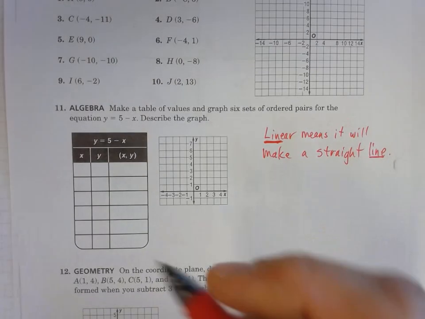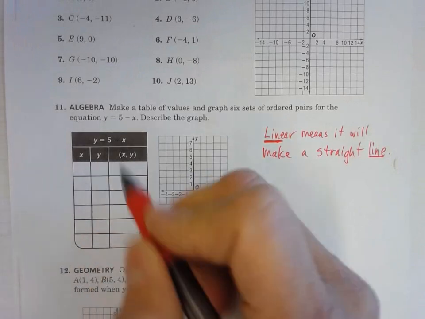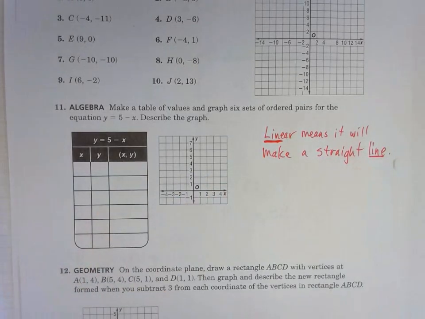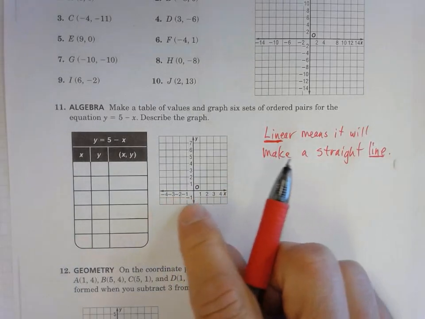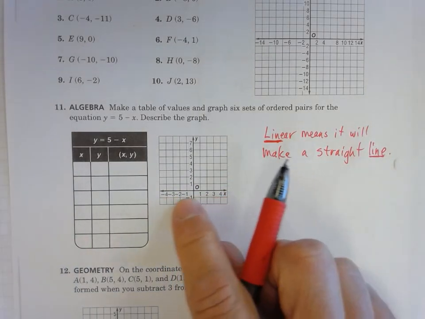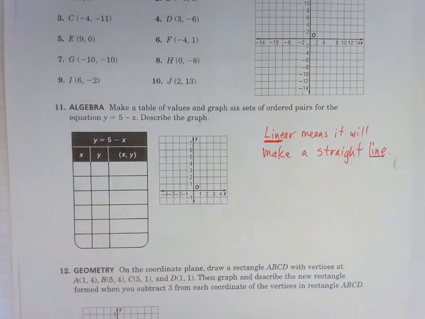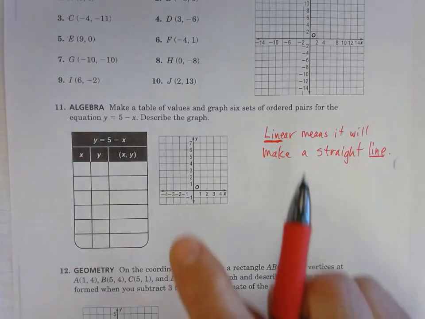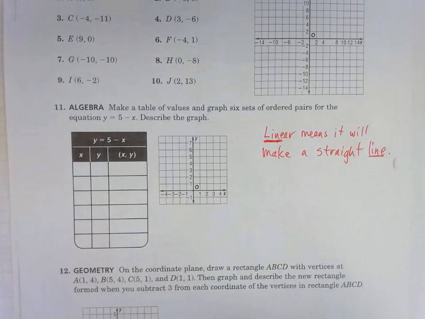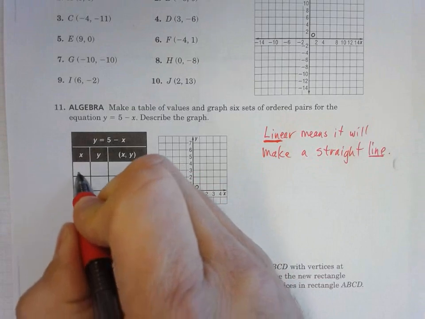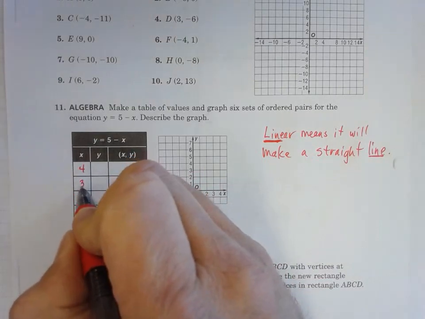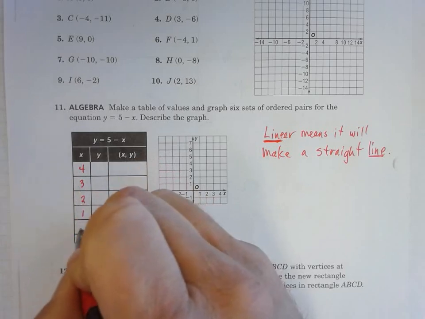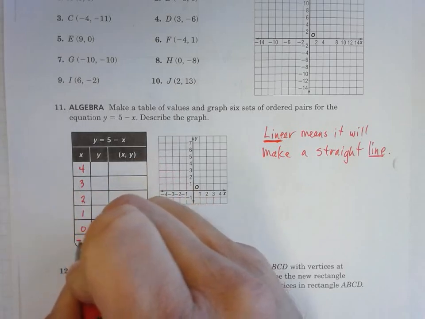Okay? Now, in these tables, you can pick any numbers that you want to. But since you can see that our x numbers right here basically go from -4 to +4, let's use some of those numbers and it'll make it easier. Okay, so it'll actually fit on that little graph. So over here, I'm just going to go 4, 3, 2, 1, 0, -1.